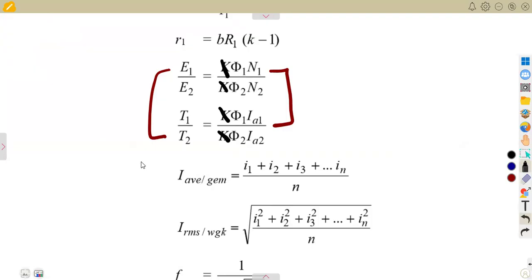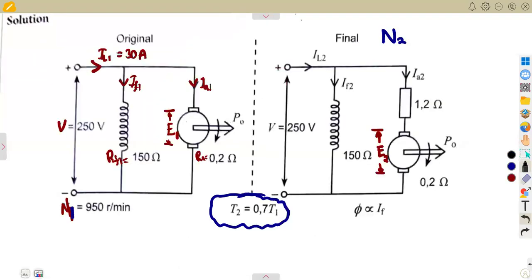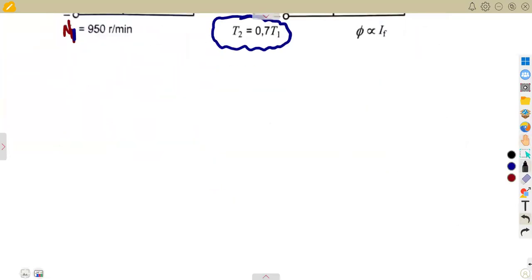So we are given from our formula sheet in terms of the flux. I'm going to write this in terms of the flux. I want us to be together. Now we are answering the question. E1, which is the generated EMF from the original, is equal to, the K and the K are constant, so those two will cancel, flux 2 over N2.